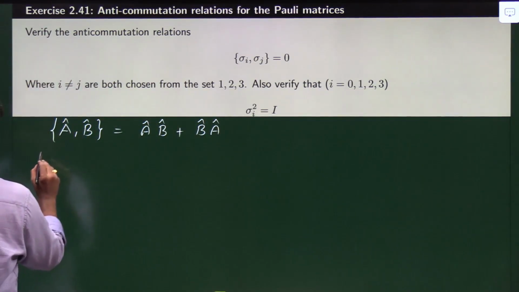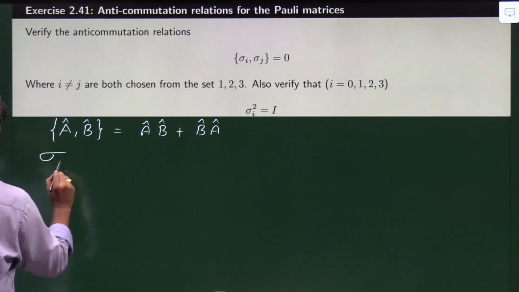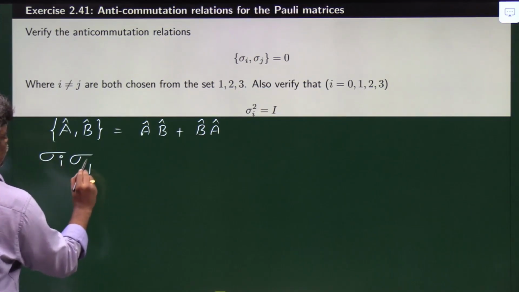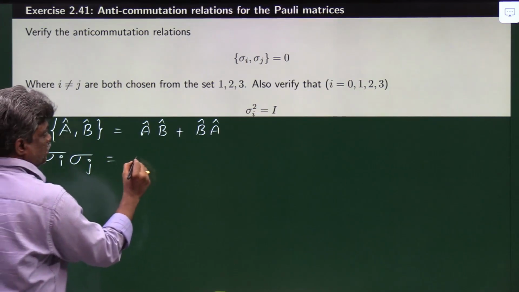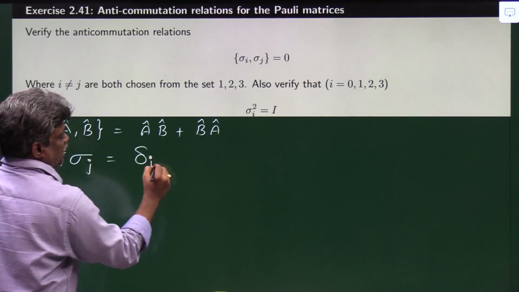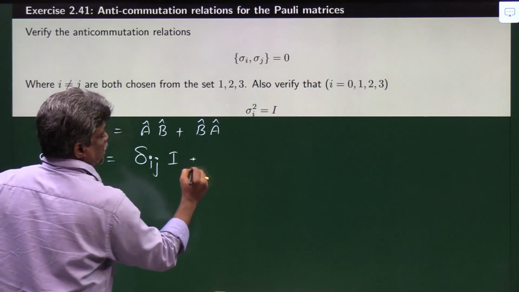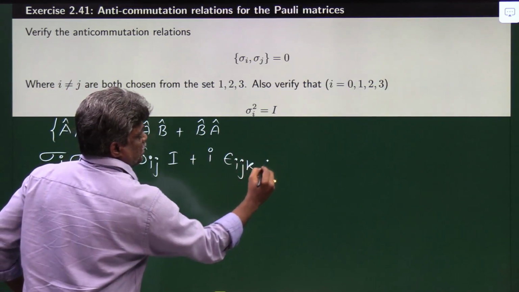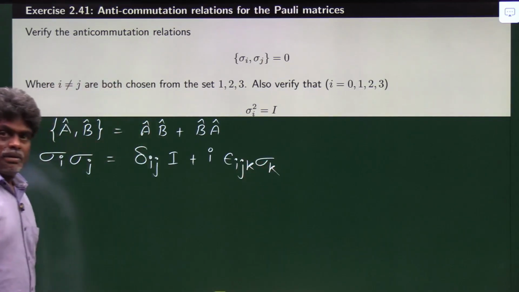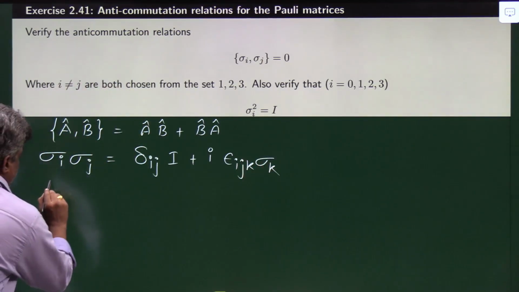In the earlier classes we have already defined the product of these Pauli matrices: sigma i sigma j equals Kronecker delta ij identity plus iota epsilon ijk sigma k. Now let us take the reverse order.